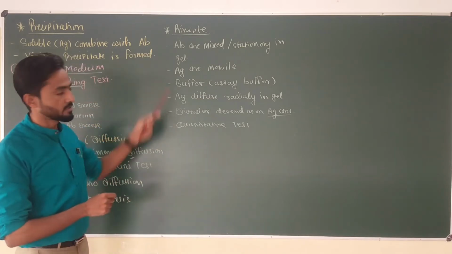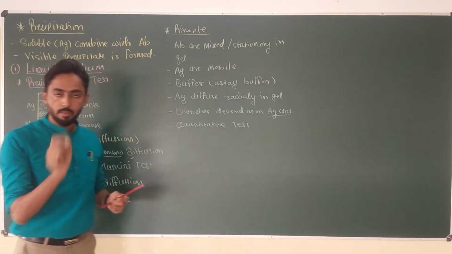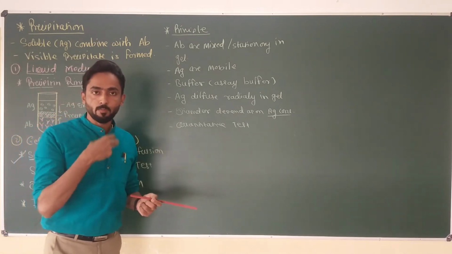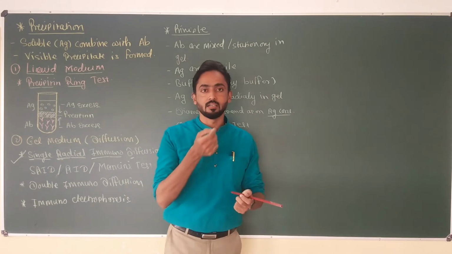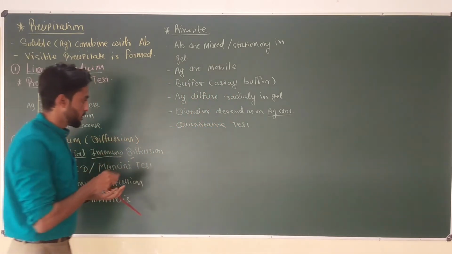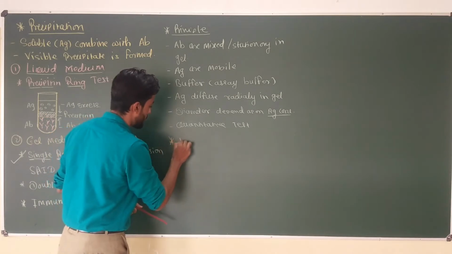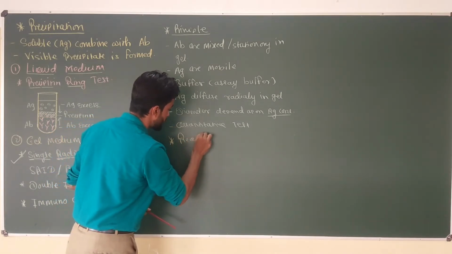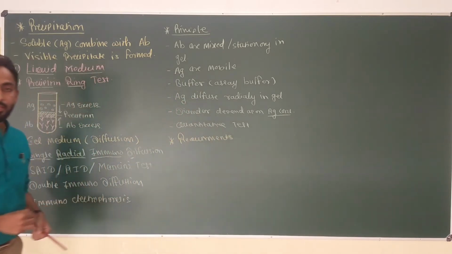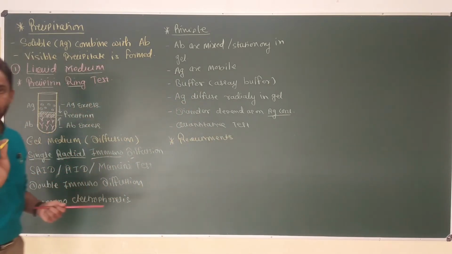Okay, so all these are the important points that one should remember at the time of studying single radial immunodiffusion. If we want to perform this test in the lab, we need some requirements.